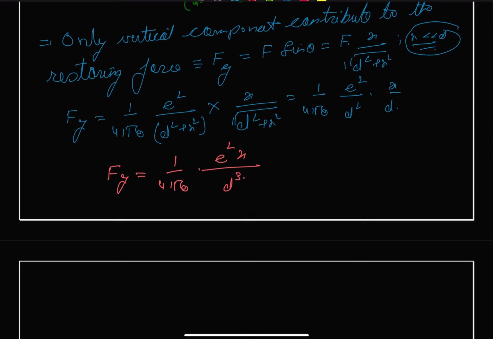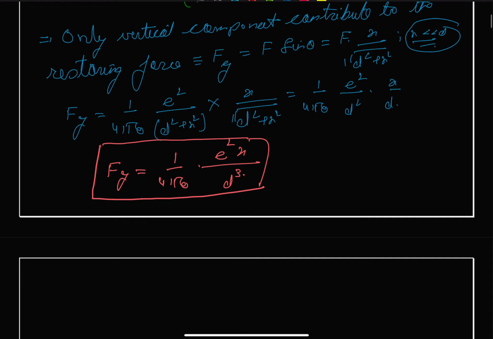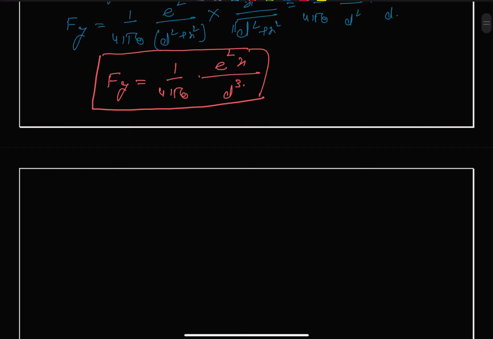Now this is the restoring force only because of one electron, but we have 2 electrons. Therefore, you can write that net vertical restoring force, let us suppose that is F net along y axis, will be equal to 2 times F of y.